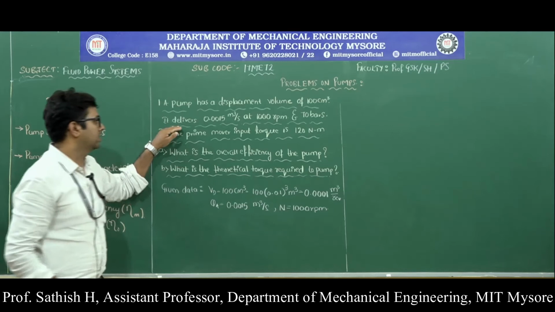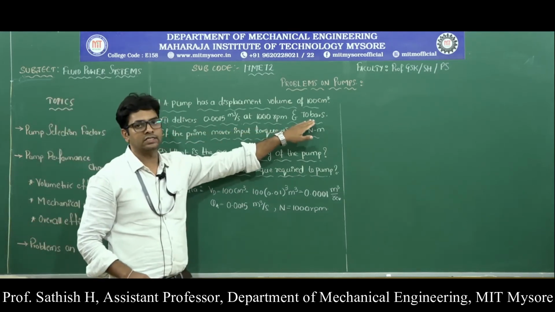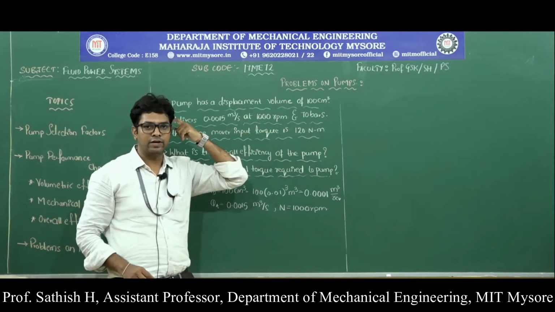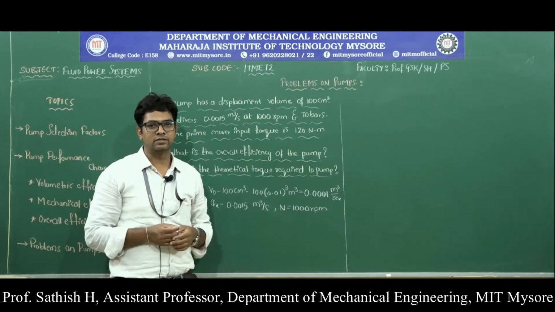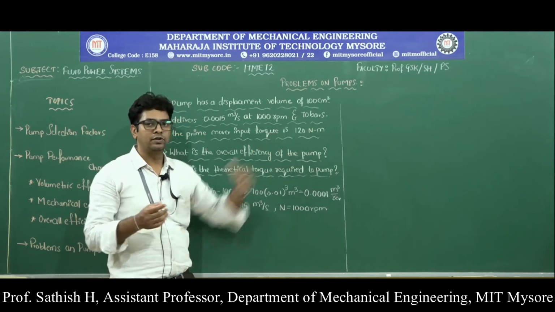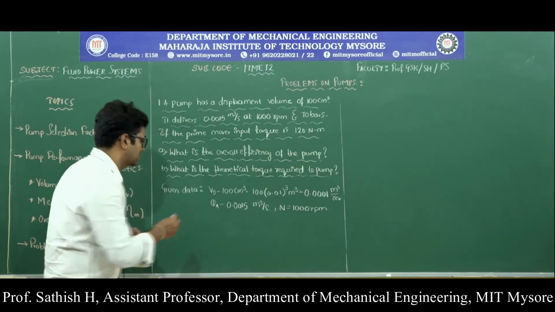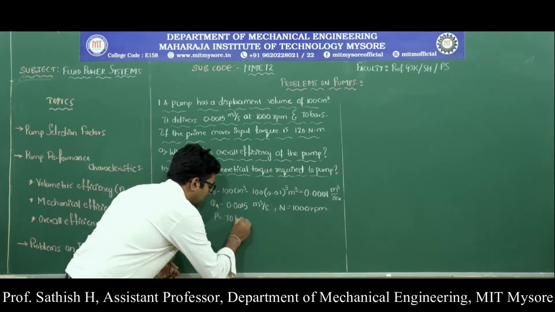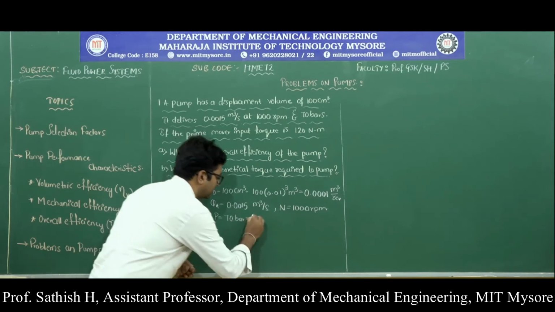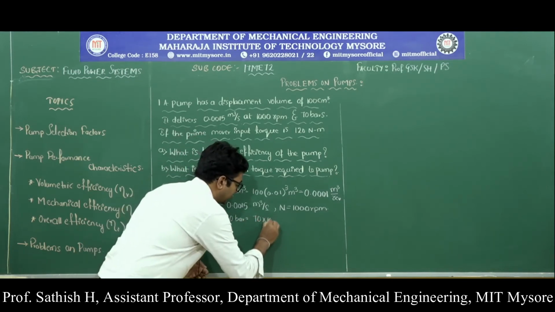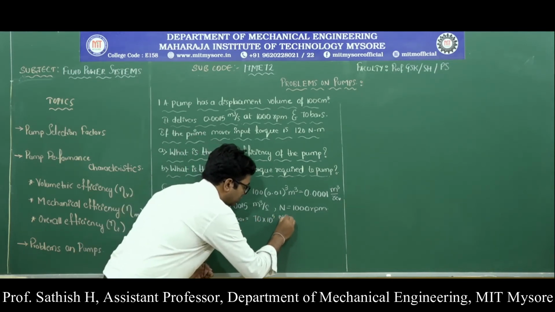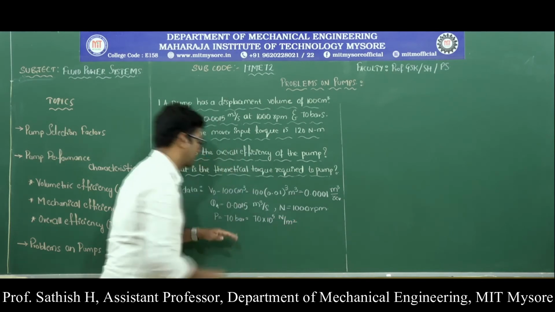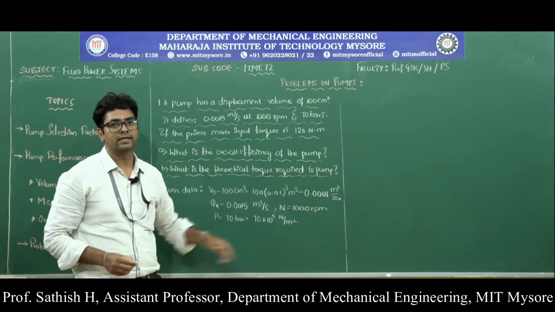And then the pressure is also given, 70 bars. Since we are keeping everything in meters, we have to convert that into newtons as well as meters. So P is equal to 70 bar, which is 70 into 10 to the power of 5 newtons per meter square. This is the pressure that has been given.